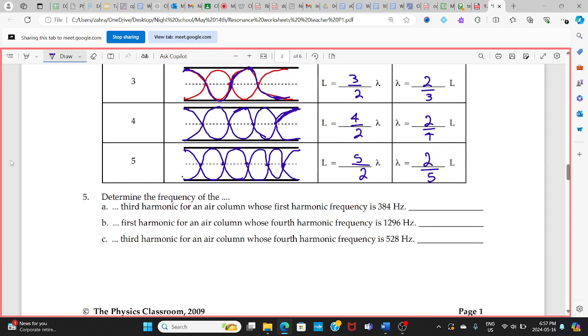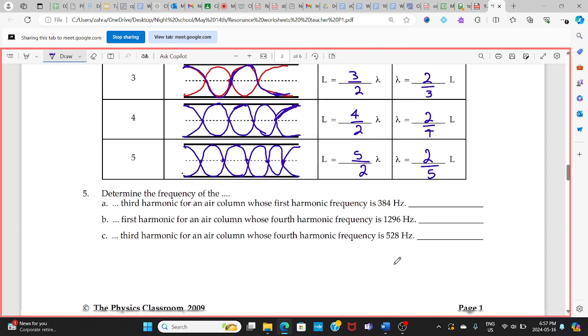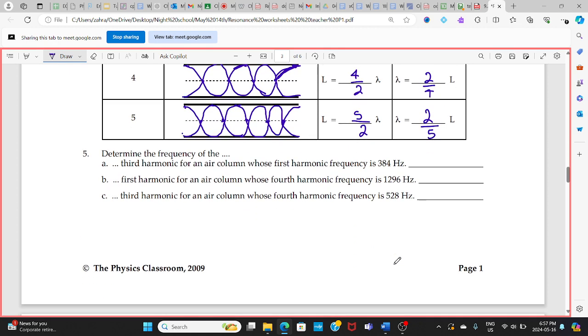Now, third harmonic for an air column whose first harmonic is 384 hertz. So I can derive that equation for you, knowing that L is equal to n over 2 multiplied by the lambda, right?